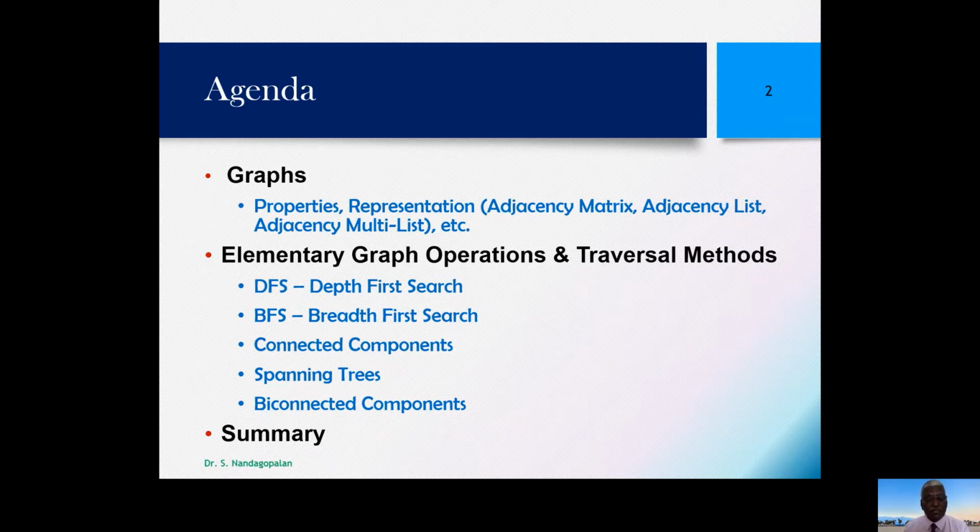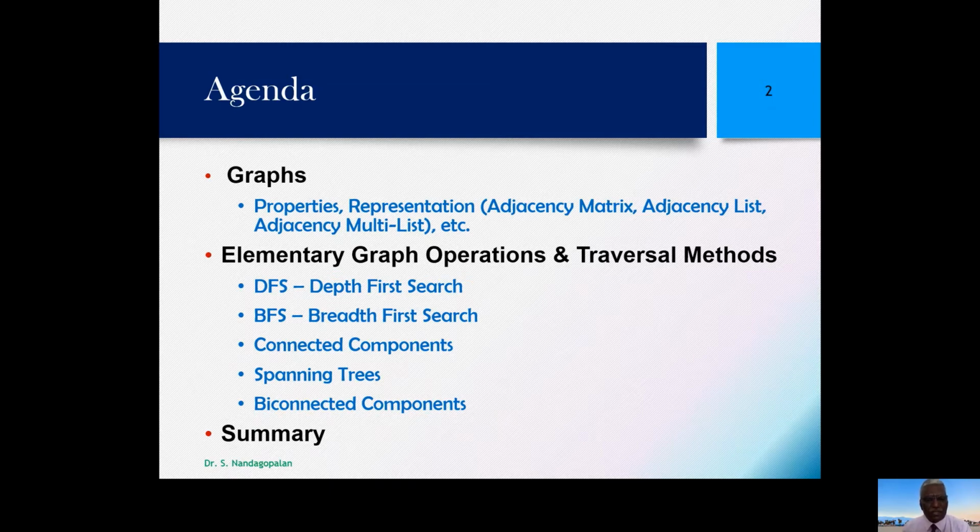In fact, in computer graphics and image processing, these connected components play a very major role, and we have algorithms to find them. So we will study what exactly a connected component means and how we actually get it from a given graph.